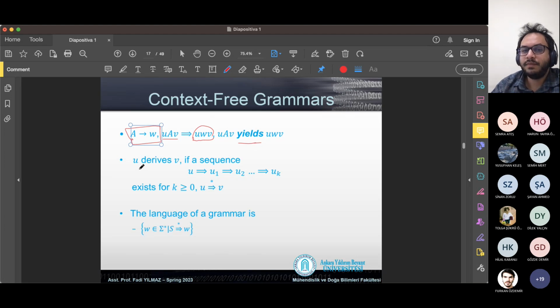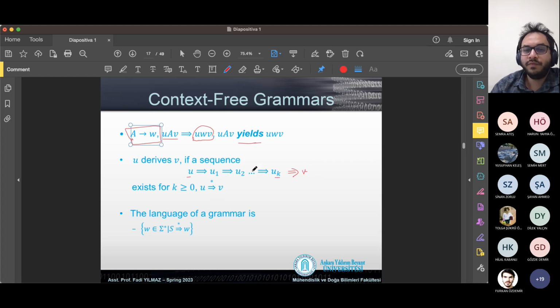And if there's a sequence of substitutions starting from u and ending with v, there must be a v at the end as well. I forgot to add that.